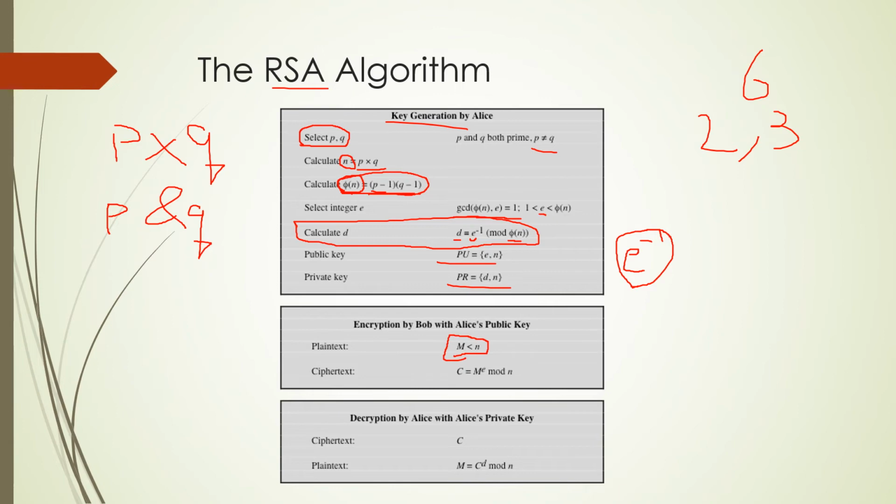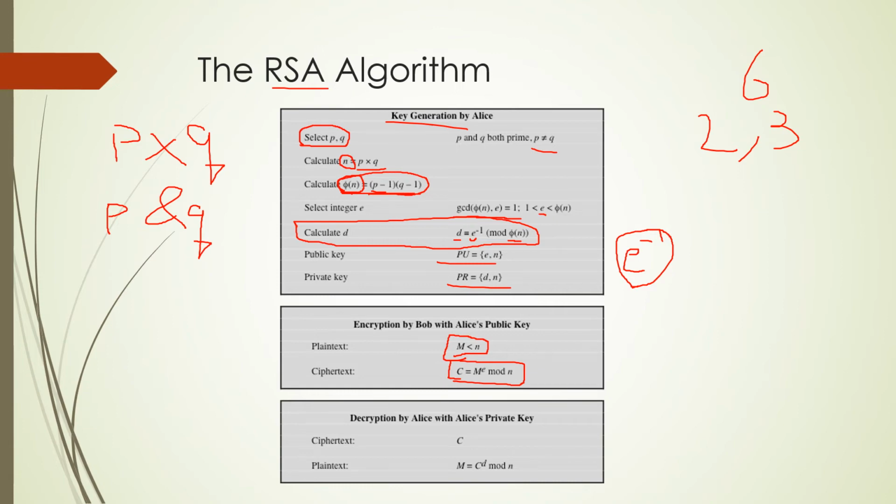As I said, the block can be about 1024 bits, because n is 1024 bits. And then what Bob needs to do is to apply this operation on m: raise m to the power of e, and find the remainder when it's divided by n.